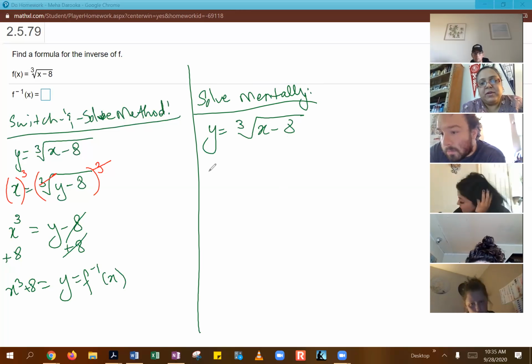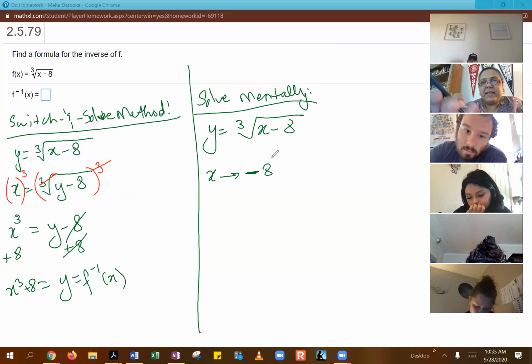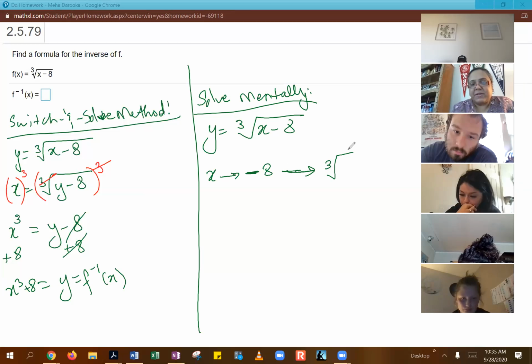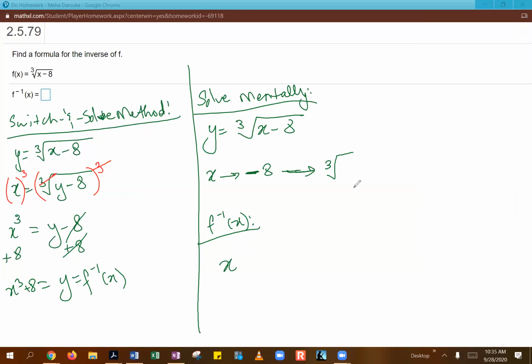Okay, so again, if you look at the x, the first thing we would have to do to the x is subtract 8, right? Let's say if I gave you 8 as the x value, we would first subtract the 8, and then whatever answer you came up with, you would end up taking a cube root on that answer. So when we talk about the inverse function, with the x value, we have to go in the opposite direction.